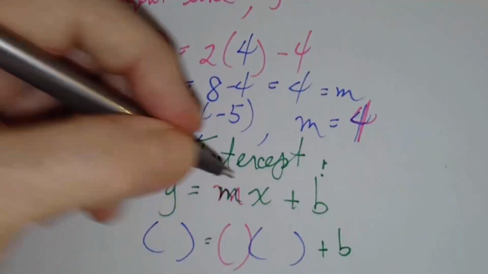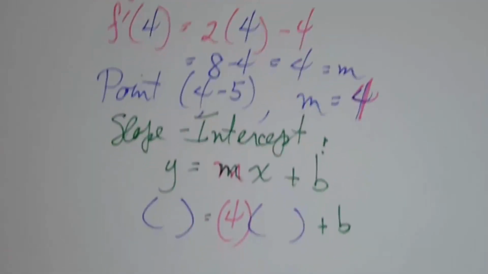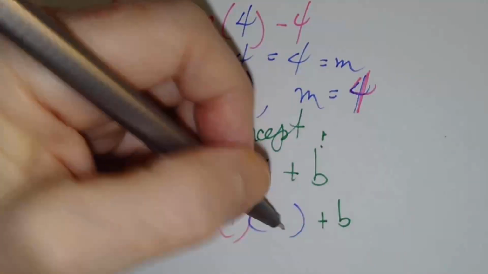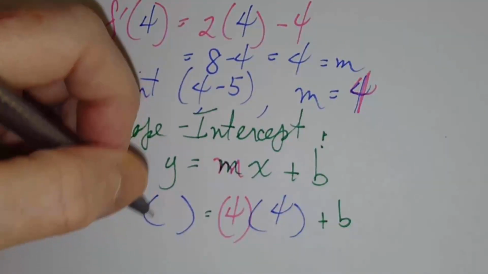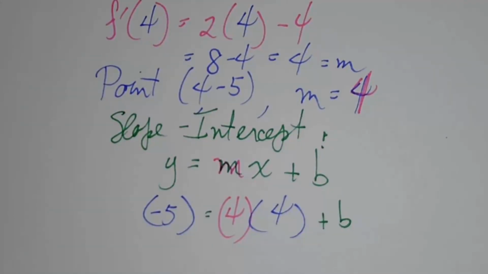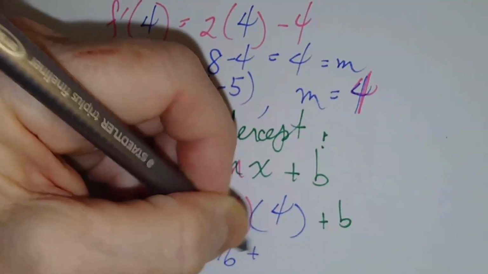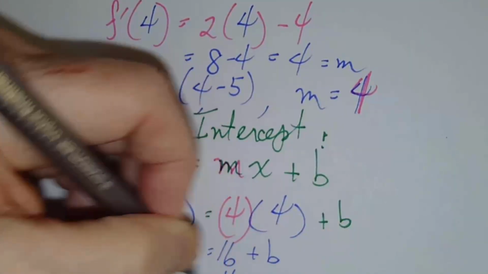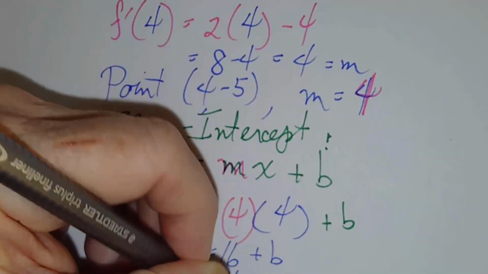So we've got the slope is 4. The x coordinate is 4. The y coordinate is negative 5. And we want to find b. So I've got negative 5 is equal to 16 plus b. Subtract 16 from both sides, and we get negative 21 is equal to b.